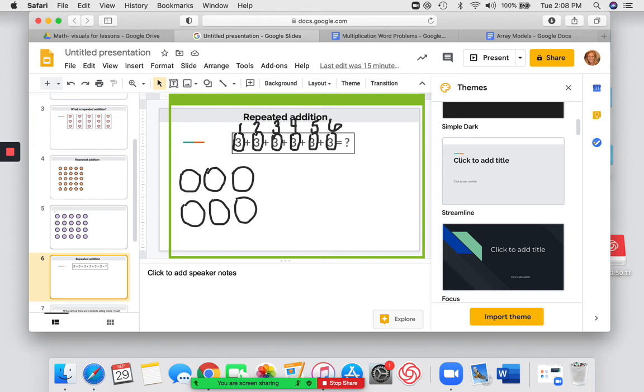Think of our multiplication. 6 groups of 3. Our first factors are groups. We just said there are 6. So 6. And there are 3 in each. So my second factor is 3. 3 plus 3 plus 3 plus 3 plus 3 plus 3 is the same as writing 6 times 3.